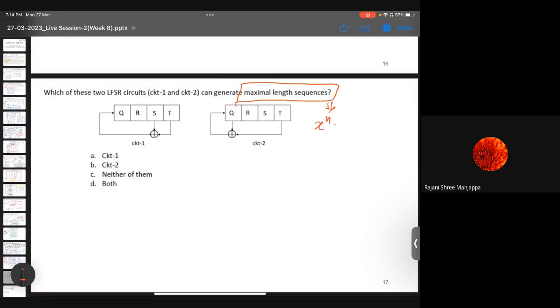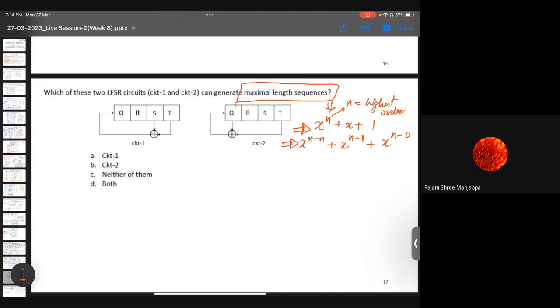Maximum length sequences are nothing but x to the power n plus 1, where n is the highest order. One more answer can be x to the power n, x to the power n minus 1, x to the power n minus 0. So if you are getting such an expression, you will get a maximum length sequence.